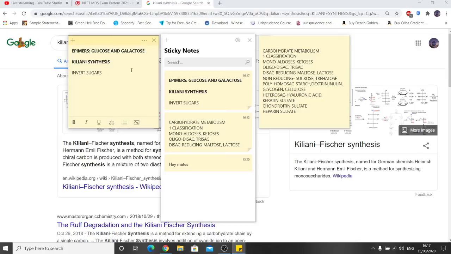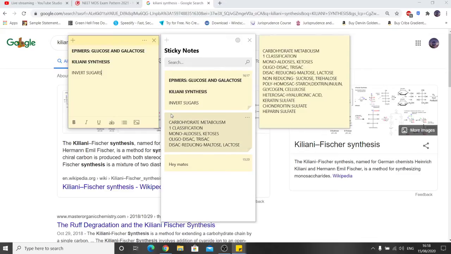And what is inversion of sucrose? It's a process of changing optical rotation from dextro to levo. When the sucrose is hydrolyzed, it gives rise to glucose and fructose, so that's why it is called invert sugar. Seems plain enough to me.